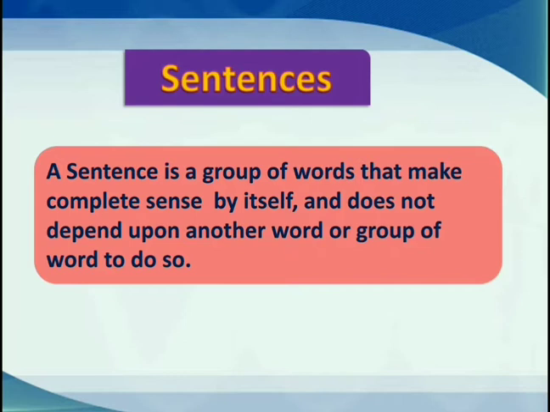So let us first see what is the definition of a sentence. When I say sentence, it is a group of words that make complete sense by itself and does not depend upon another word or group of words to do so.